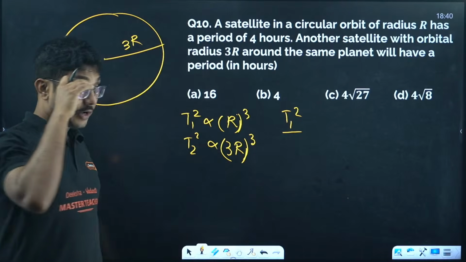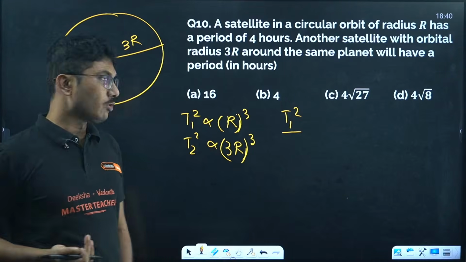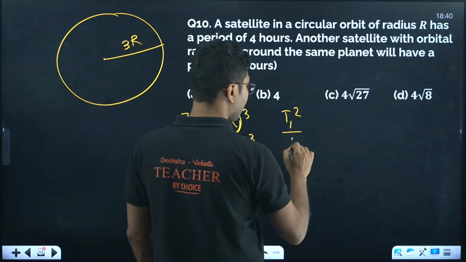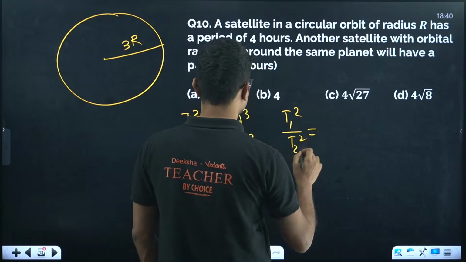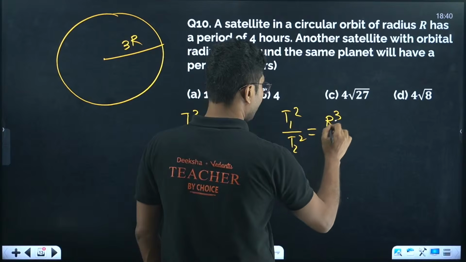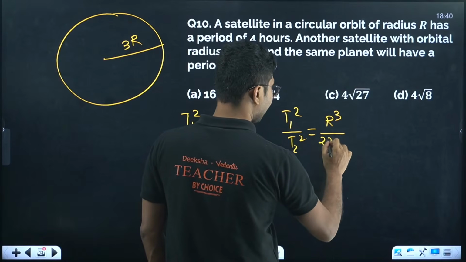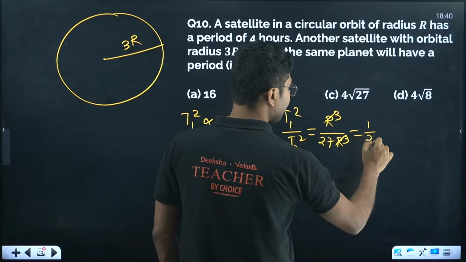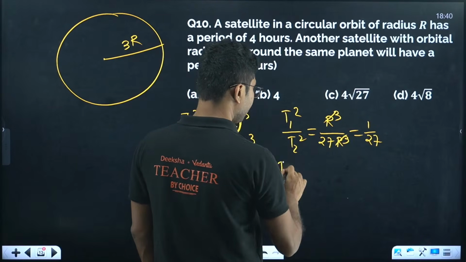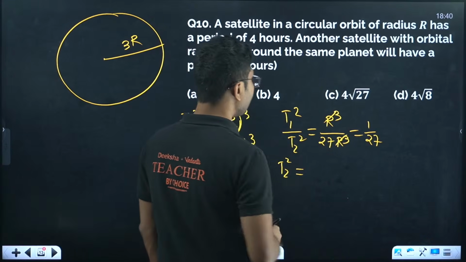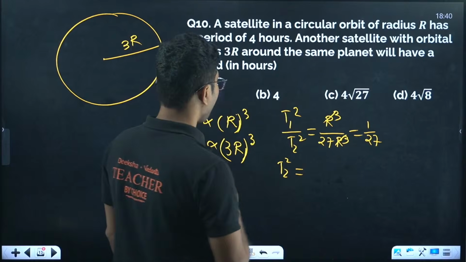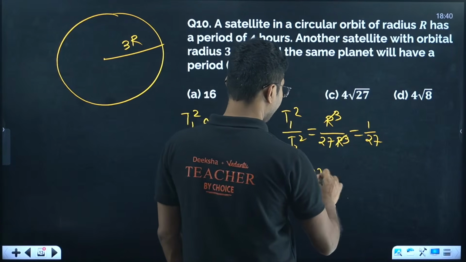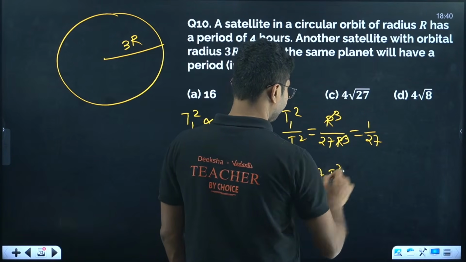The square of the time period is proportional to the cube of the semi-major axis. So T1 square by T2 square equals r cube by 27 r cube. R cube cancels, it will be 1 by 27. So T2 square equals 27 into T1 square.